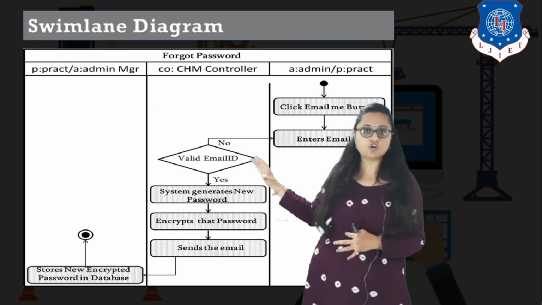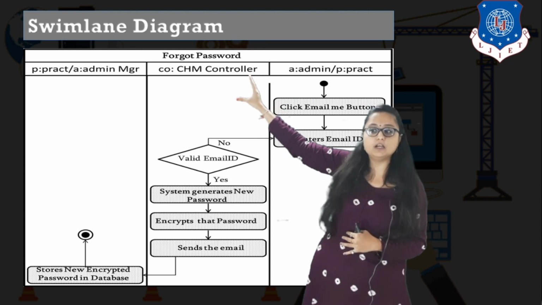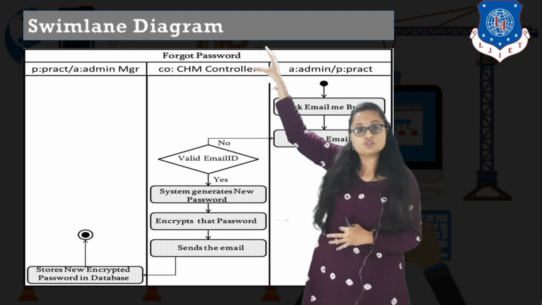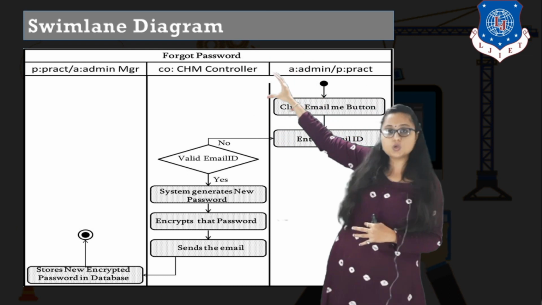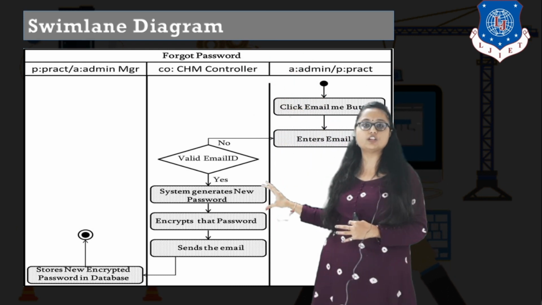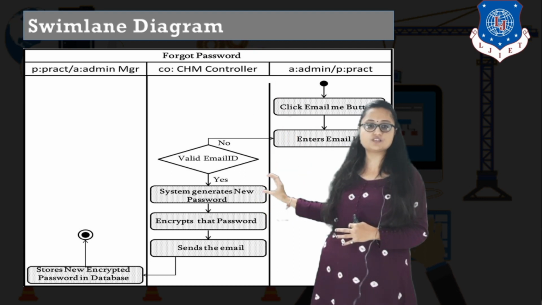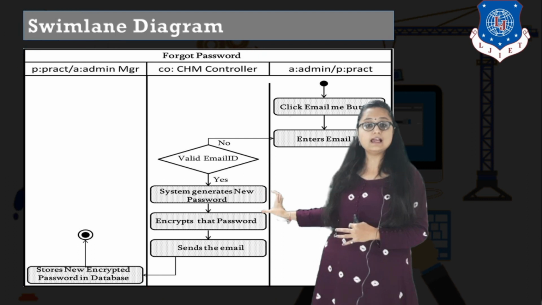This decision or condition is actually performed by the controller, that is the inbuilt logic of your system. So here we have taken controller as our actor because this activity is performed internally in the logic of the controller. So valid email ID, system generated new password, encrypts the password and sends the email.